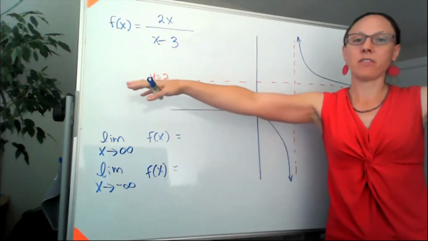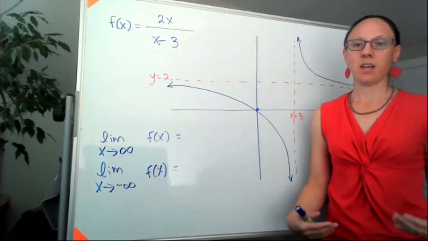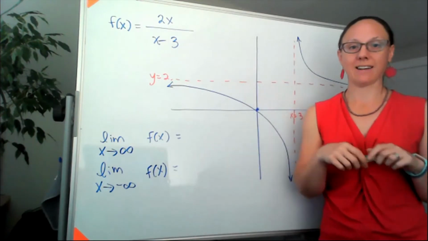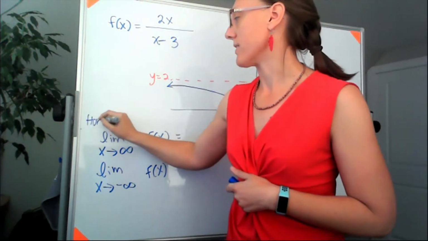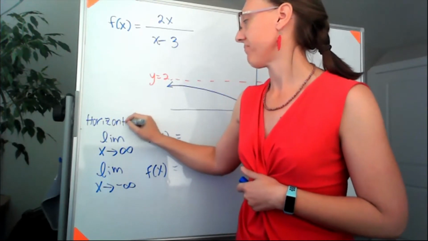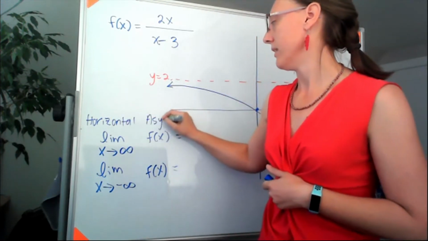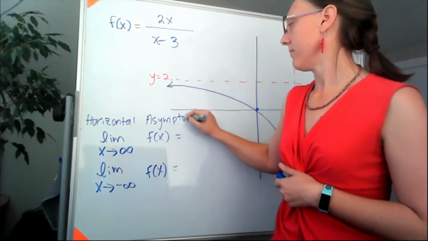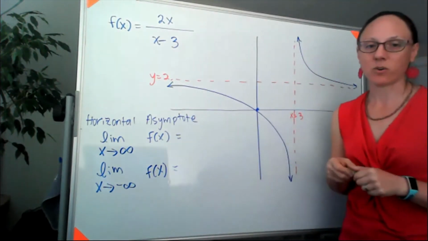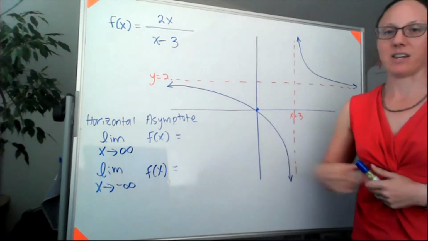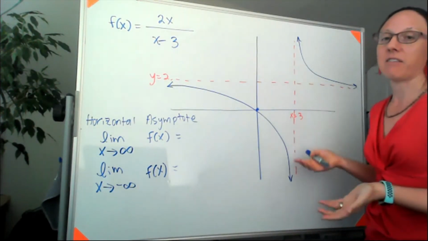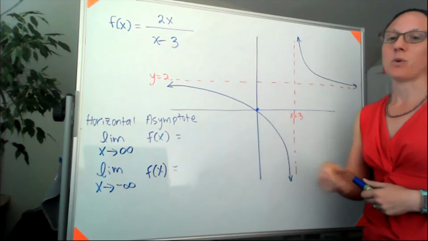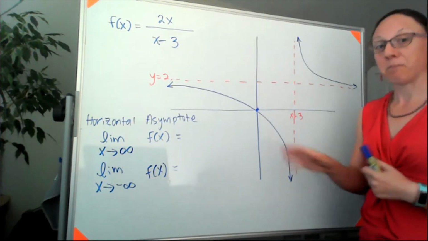And that idea is the horizontal asymptote. So anytime that we're asked to find a horizontal asymptote, that question is secretly asking us to evaluate each of these limits.